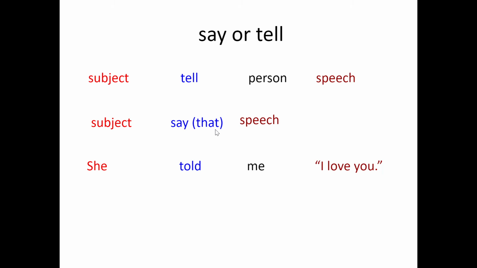So for example, she told me, "I love you." She said, "I love you." We could have a person here with the addition of to. So for example, she said to me, "I love you," or she said, "I love you" to me, but it's also very commonly used without a person.